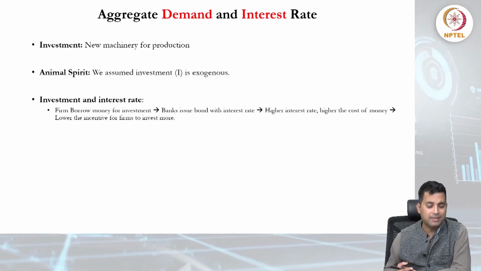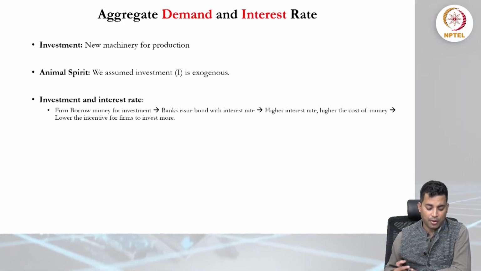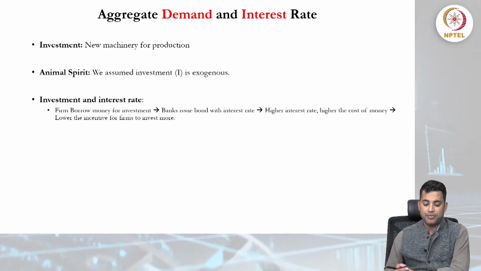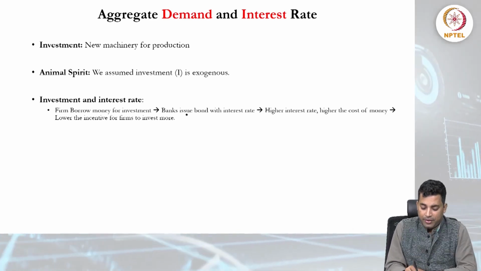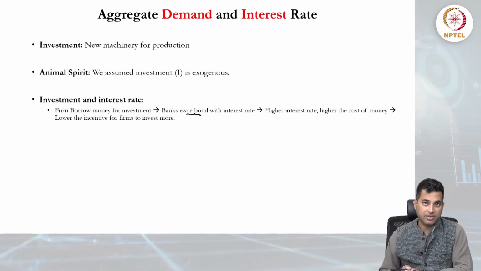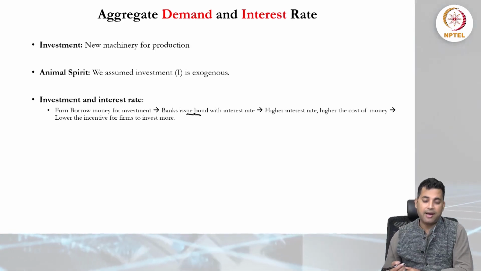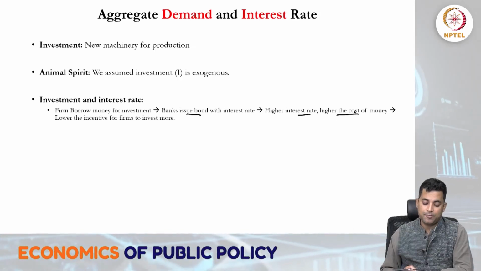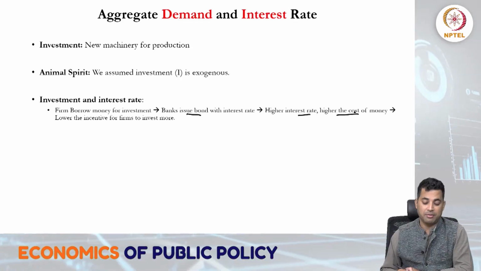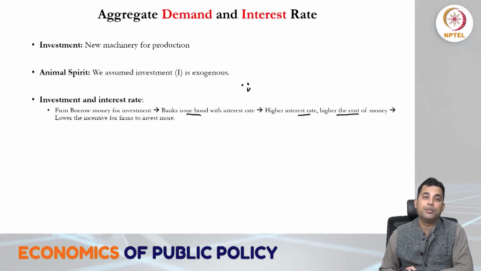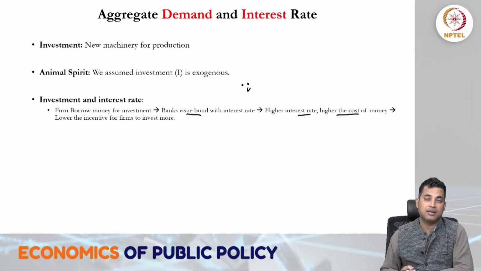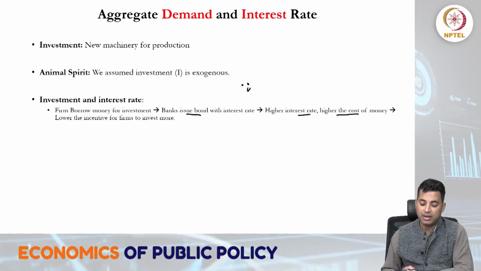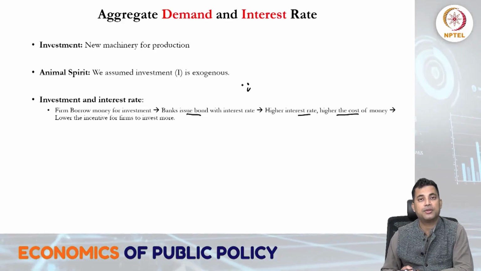So in this case, when a firm borrows money for investment from financial institutions, the bank issues a bond with a rate of interest. A higher rate of interest means a higher cost of money. Here are two things we have to remember. When we as savers go to the bank to keep our money, we always look for a high return.